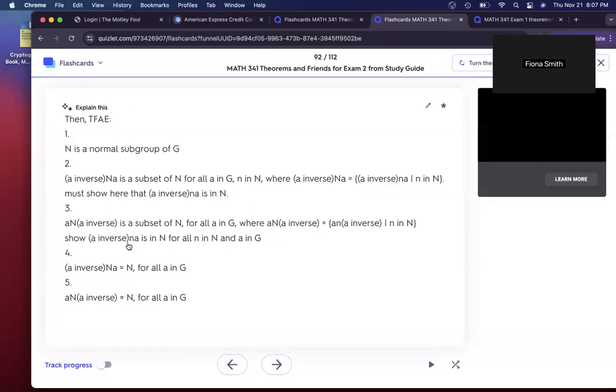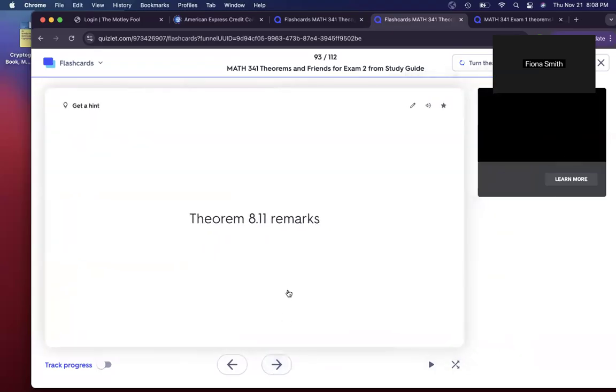You show A inverse NA equals N, and you show A inverse nA equals N, then you show that N is a normal subgroup of G.